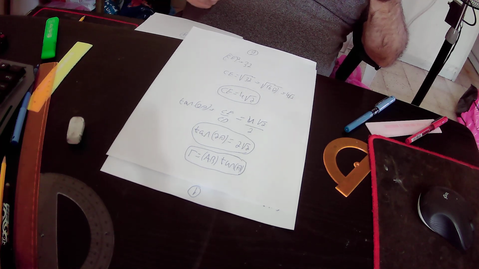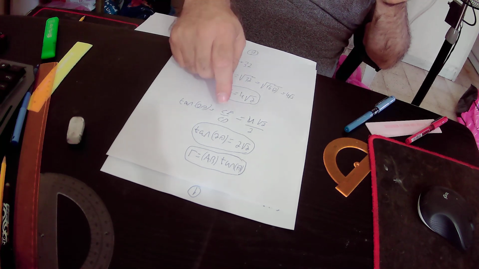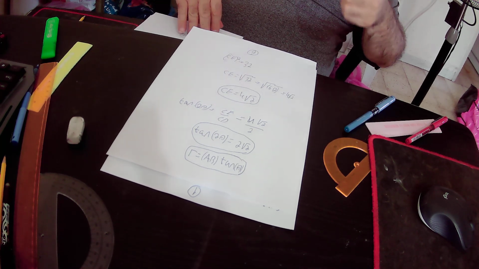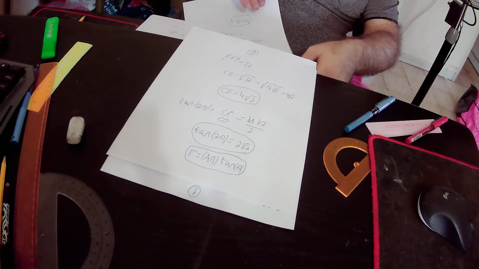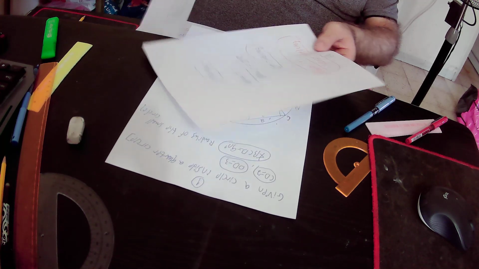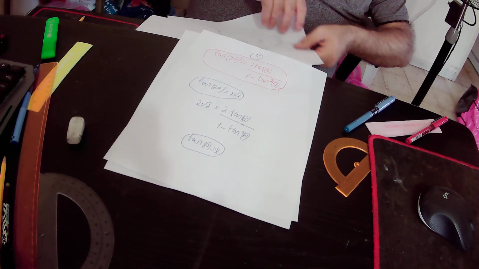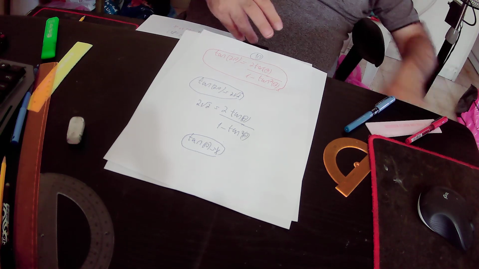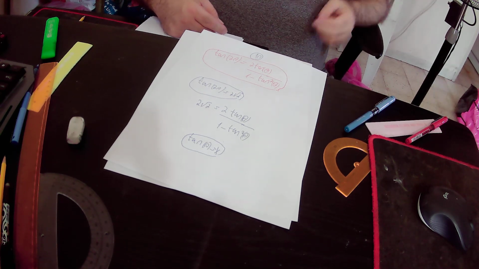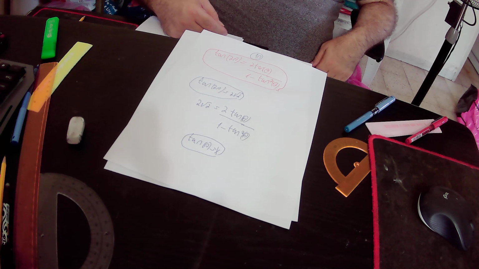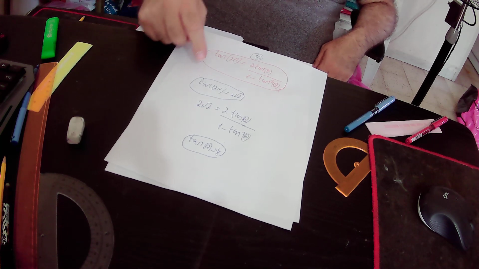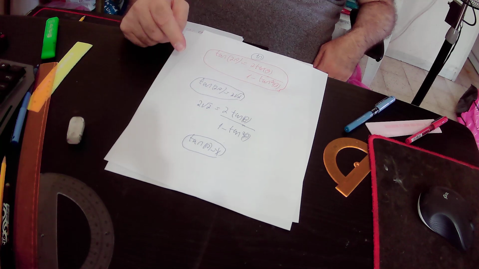So in order to find out the value of tangent theta from tangent 2 theta, we have a trigonometric identity. The identity states that tangent 2 theta equals 2 tangent theta over 1 minus tangent square theta. We have already found out that tangent 2 theta equals 2 times root 2, so we can substitute tangent 2 theta by 2 times root 2.